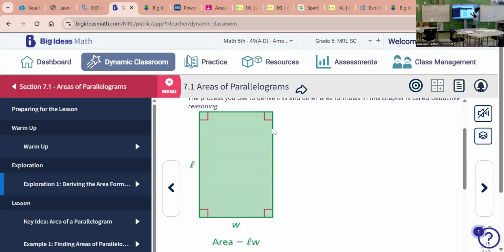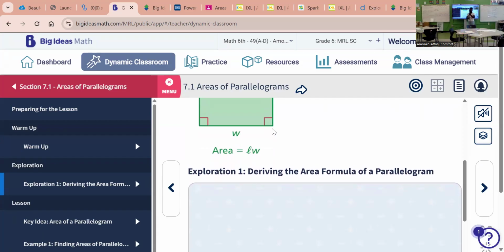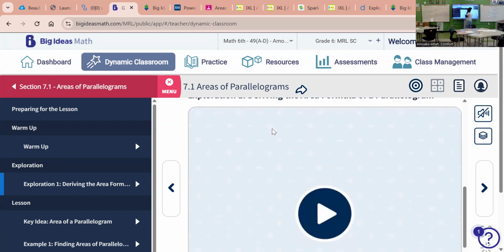We derive the formula of a parallelogram from rectangles. It's just a tilted rectangle. So basically, the area of a rectangle and the area of a parallelogram are the same. You can reorganize a parallelogram to give you back your rectangle. You get it, all right. So that is what that exploration is saying.